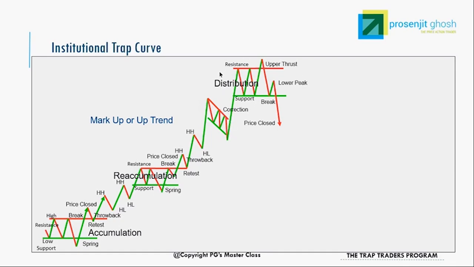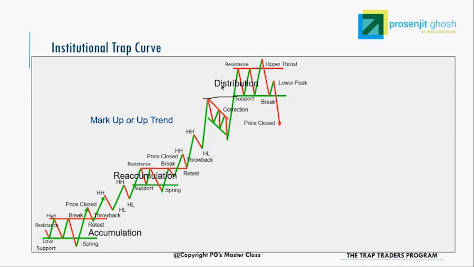And at the distribution, obviously, whatever they bought here, 10 lakh shares, now they distribute it amongst all the retailers. Come buy, because price is moving up, and look, here from the correction, a big rally happened. This is all-time high, and price has engulfed this high as well.